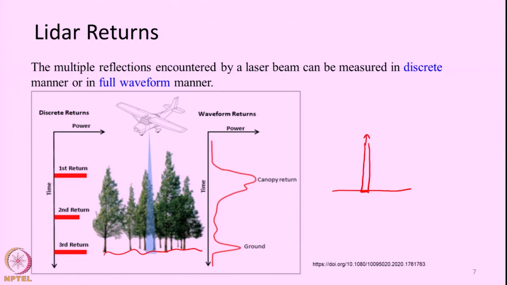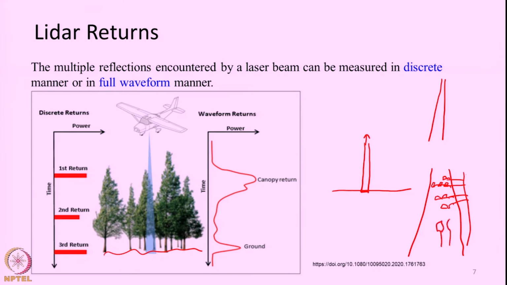Within a single beam of laser, which I have slightly exaggerated for easy representation, there can be small leaves, a tree standing next to it with branches, and small plants standing on the ground.